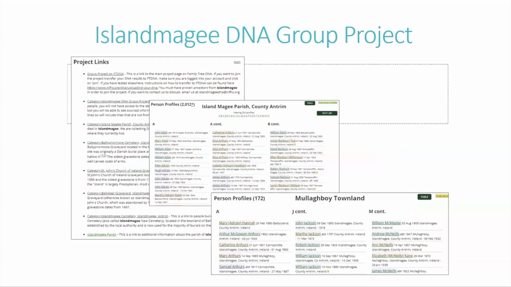This is the sort of thing that you have in Aghalee. At the bottom of the page that I showed you previously, you've got links that can create that. This one links to Aghalee, so you can see all the people in Aghalee. But then you can split it up into townlands. So this is Mullockboy Townland. You can use it to analyze the information that you put onto WikiTree.